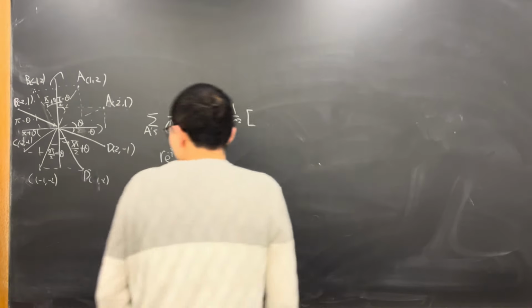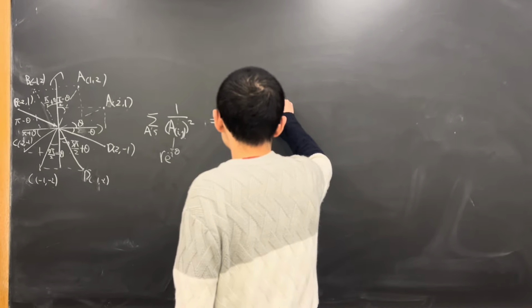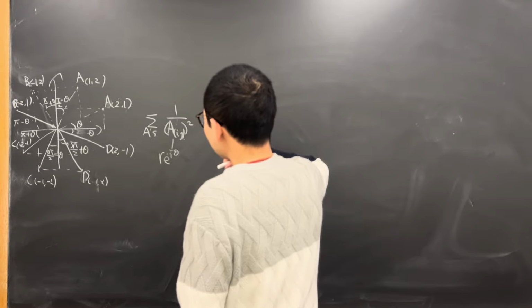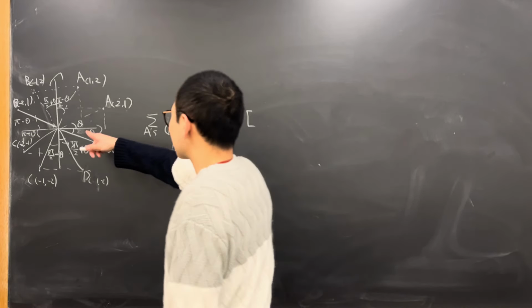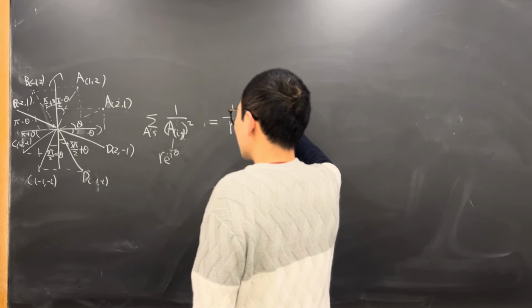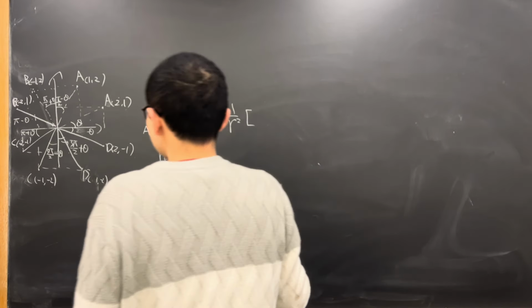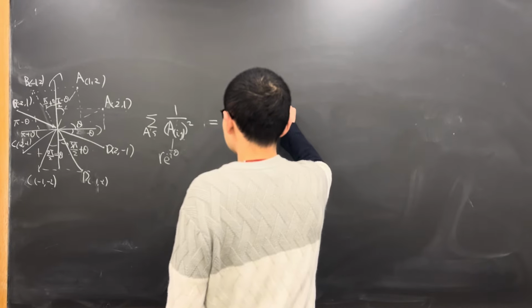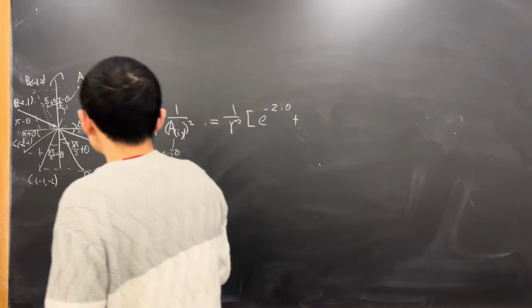Okay, so when we do the computation, first we square it, so it becomes e^{2i theta}, and then minus. This is the first point.